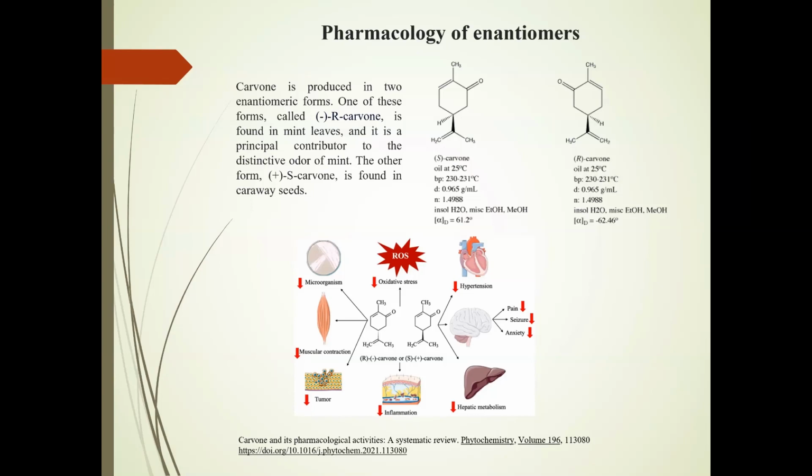But what might be more important to us is their physiological activity. As you see in the image below on this slide, the S enantiomer of carvone has a hypertension effect and many effects on brain activities and on hepatic metabolism, while the R enantiomer has effects on microorganisms, muscular contraction, and tumors. Both together have similar effects on reactive oxygen species and inflammations.